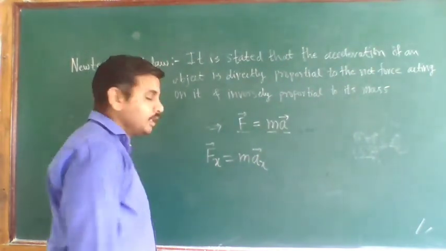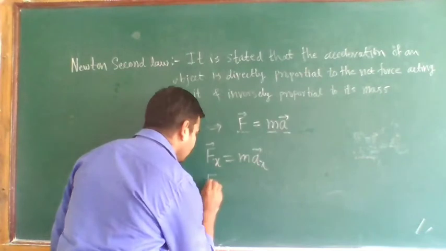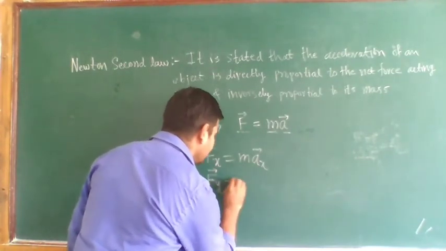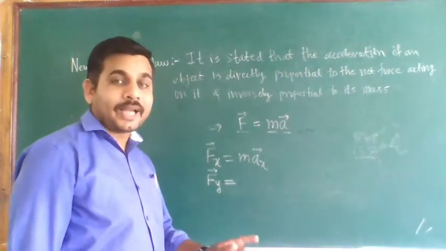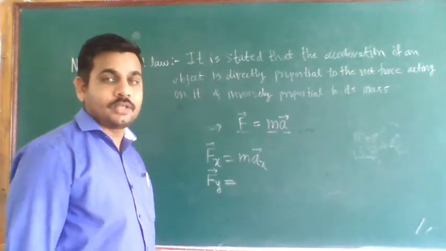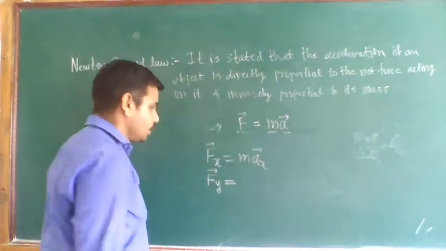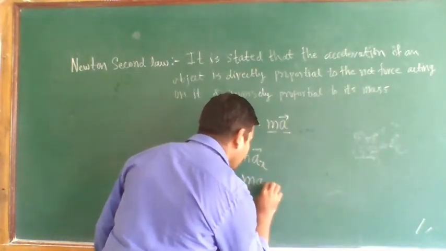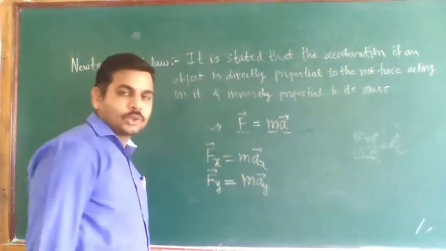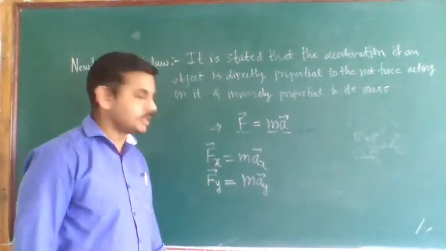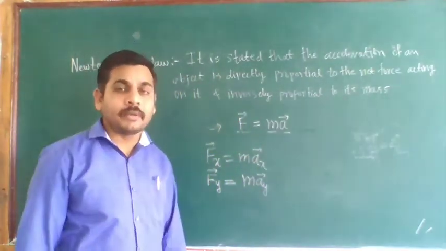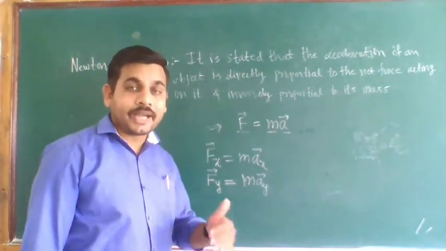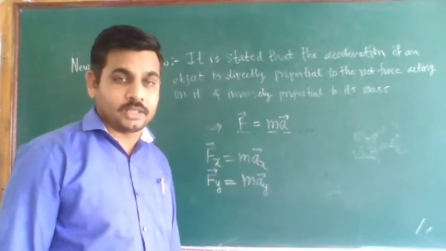In a similar manner, we can say that Fy, which is the force acting along the y direction or y component, is nothing but m ay. Similarly to Fx, it is the algebraic sum of all the forces acting along your y direction.